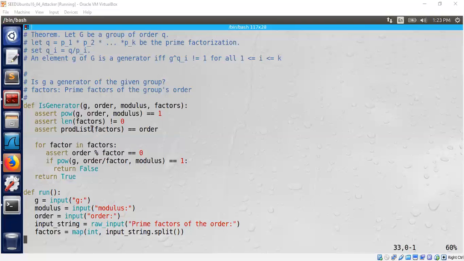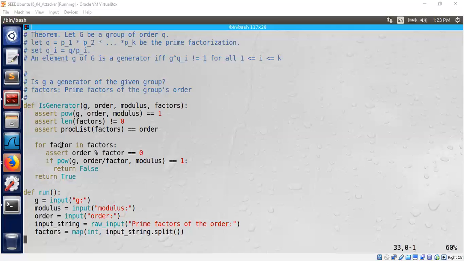For example, I check whether the element g for which we are checking generator status satisfies some basic group properties: g to the power order is 1, the product of the factors gives the order, and of course there is at least one factor. So some very basic checks I have done here.